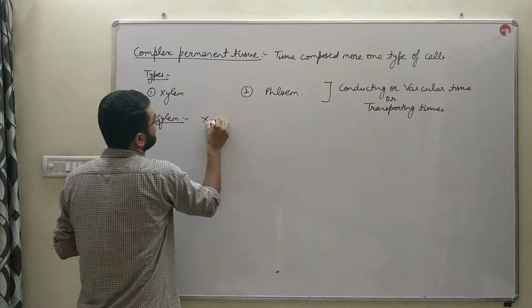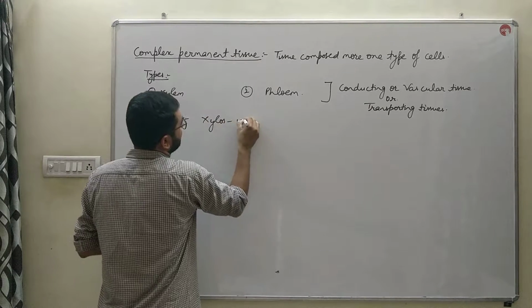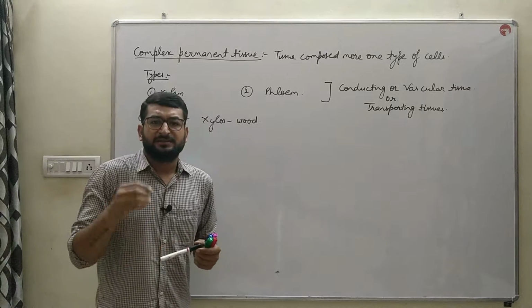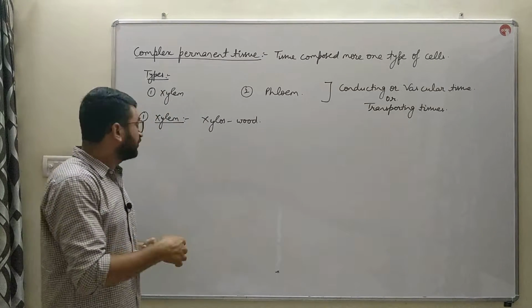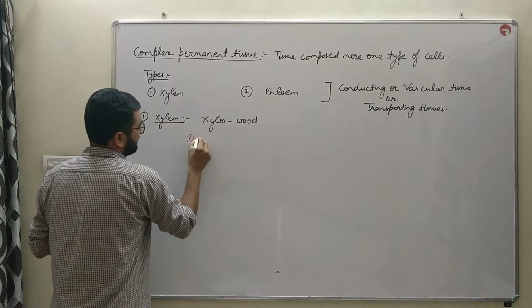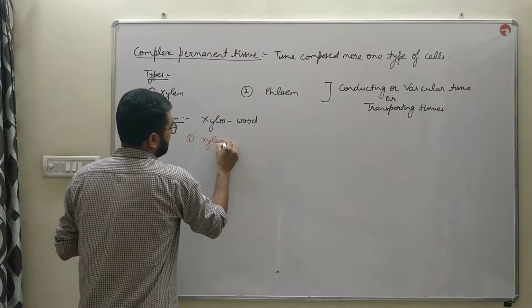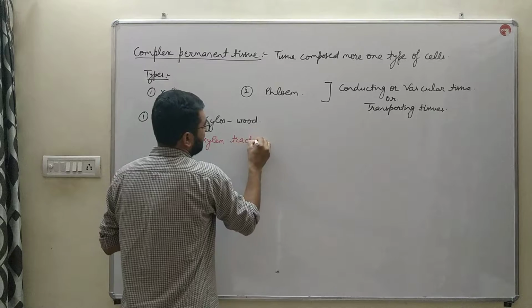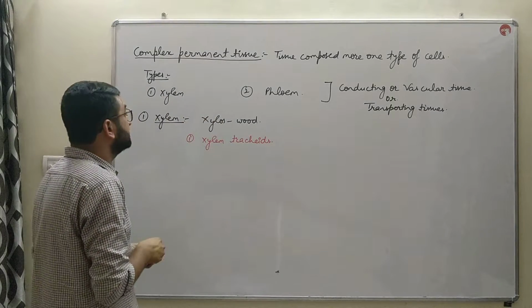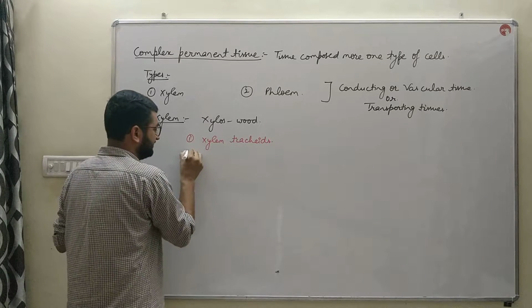The word xylem is taken from xylose, which means wood. Xylem is composed of four components. The first one is xylem tracheids. The second one is xylem vessels.